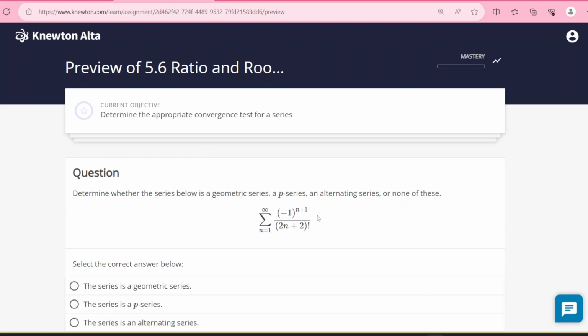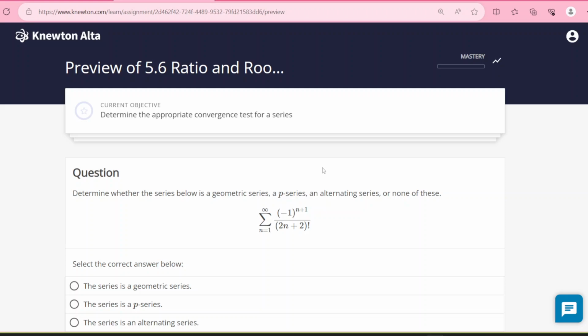Remember, if the terms you're adding up aren't approaching 0, if they don't have a limit of 0, then the series diverges. Now, if they do have a limit of 0, you can't tell right away. You've got to do something else.